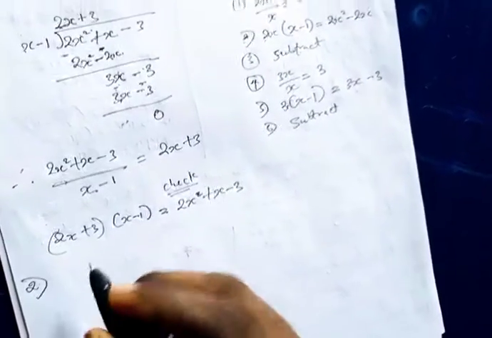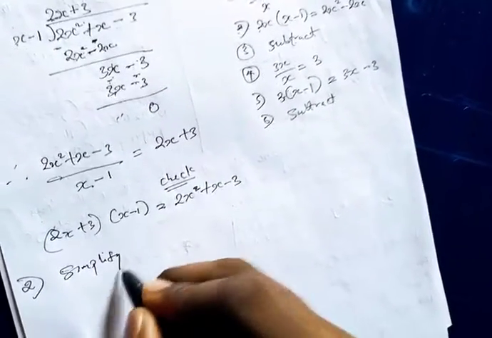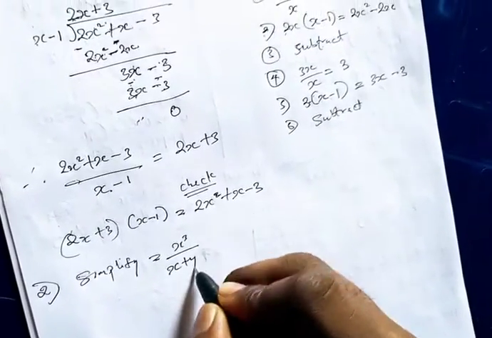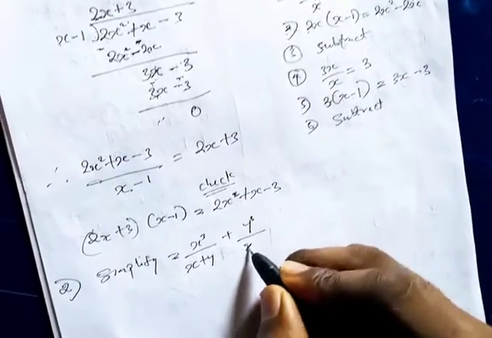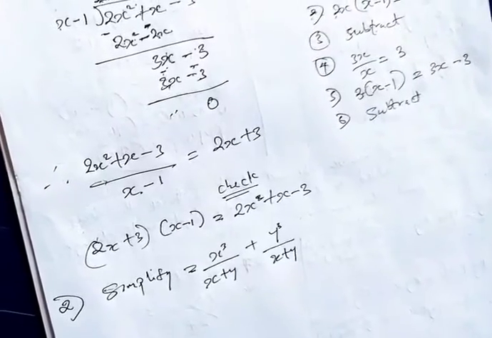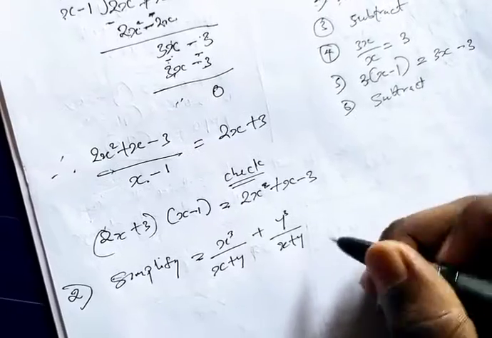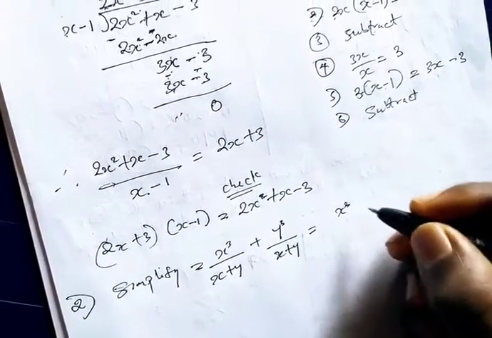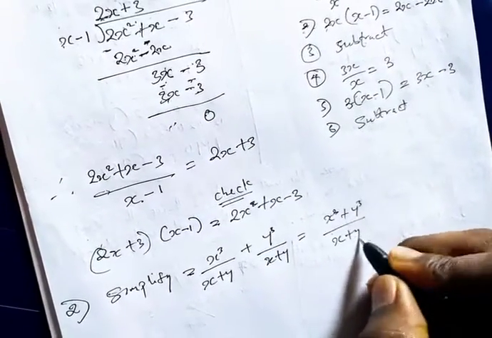Number 2, what if we are asked to simplify x cubed plus y cubed over x plus y. Now we see that if we are trying to simplify this, it is still equal to x cubed plus y cubed all over x plus y.